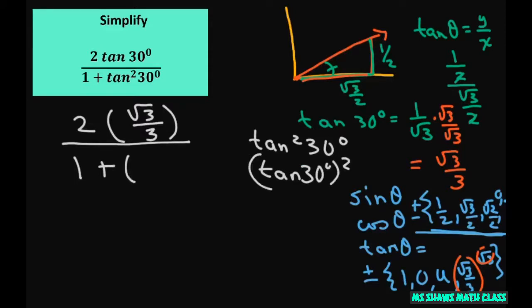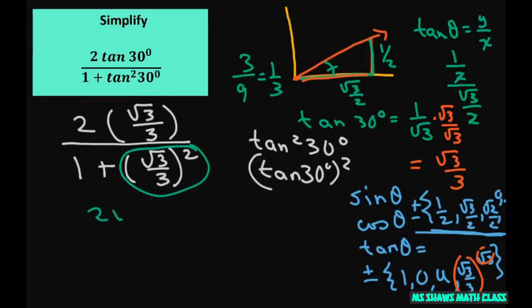So we're just going to take this and square it. I'm going to do this part separately. When you square that, that's just going to be 3 divided by 9, which equals 1/3. So we get 2 square root of 3 divided by 3, and then 1 plus 1/3.